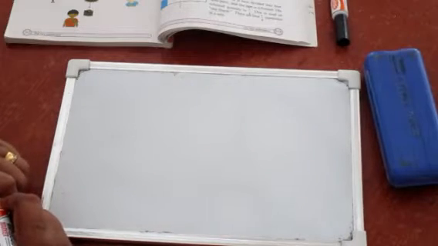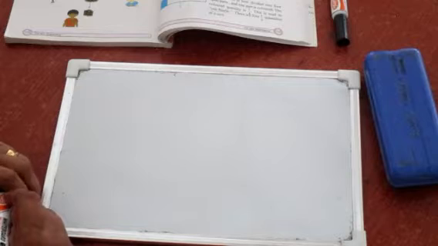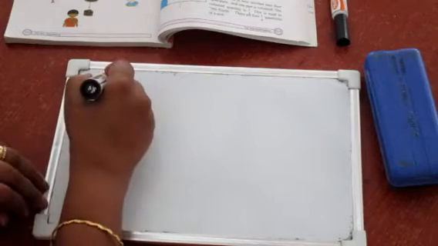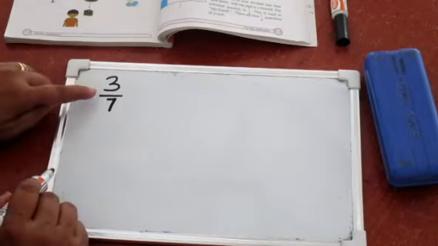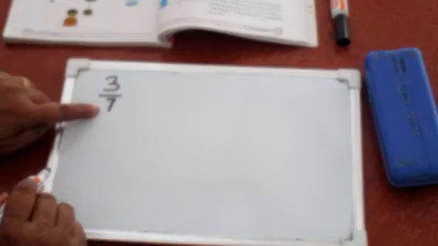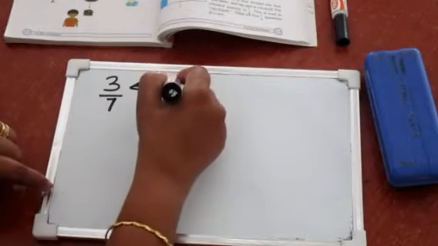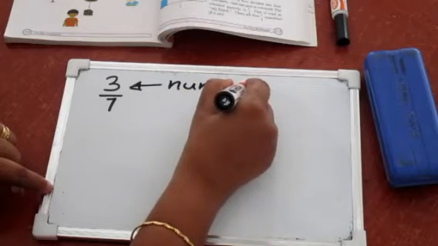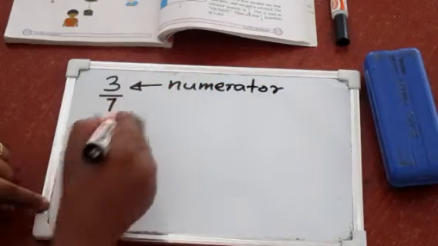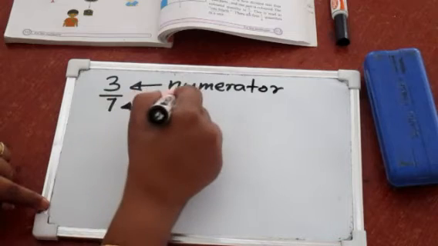We'll identify the numerator and denominator of a fraction. See this example. Now you can see two numbers above this line and below this line. The number above this line is called the numerator. The number below this line is called the denominator.